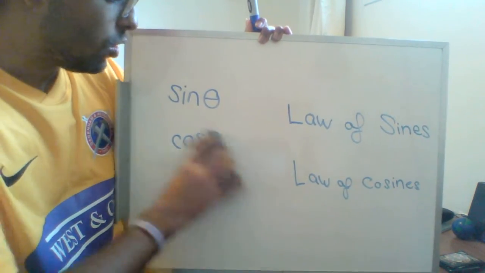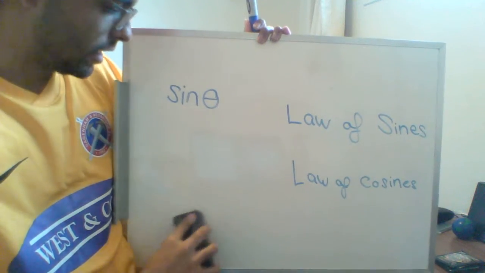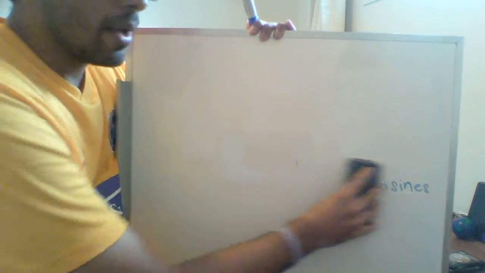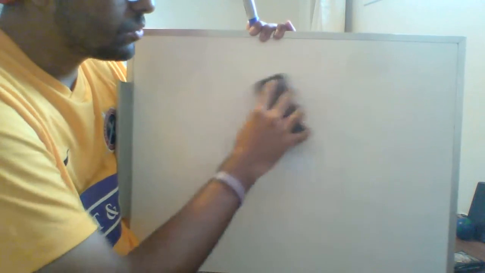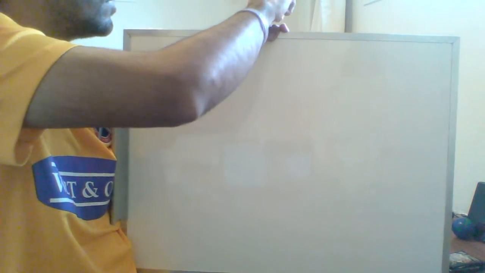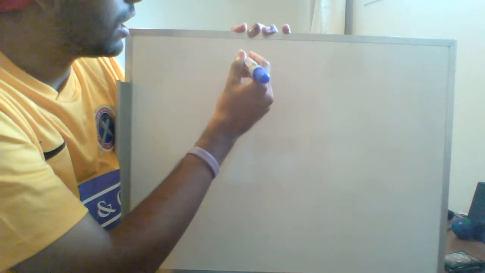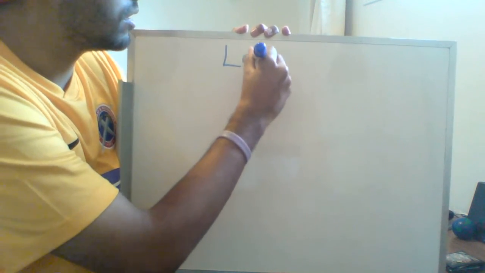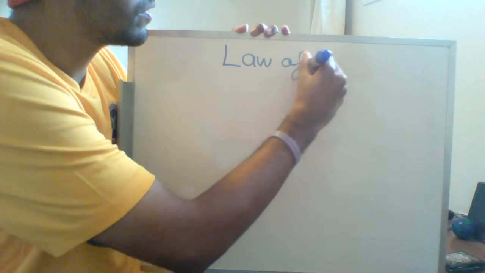So we're going to begin with the law of sines, and I'm going to tell you what it is and show you how you can use it. And then once we finish that, perhaps I will give you some questions you can try, and we'll talk about the law of cosines as well. But we'll start with the law of sines.